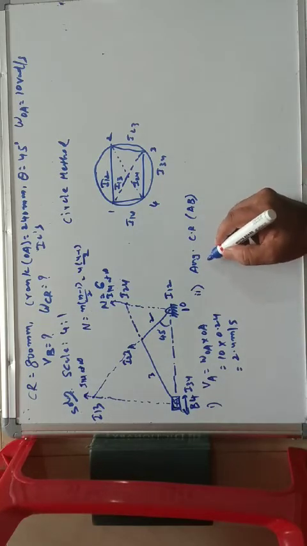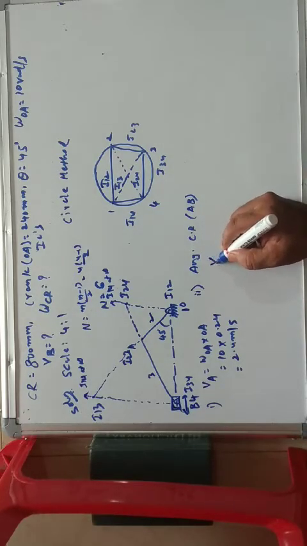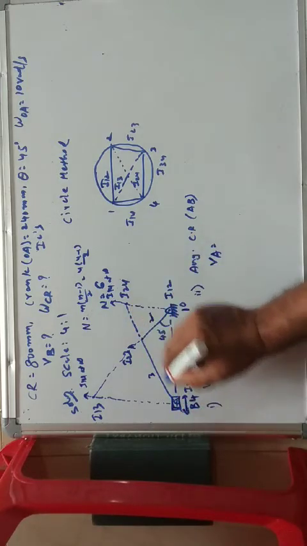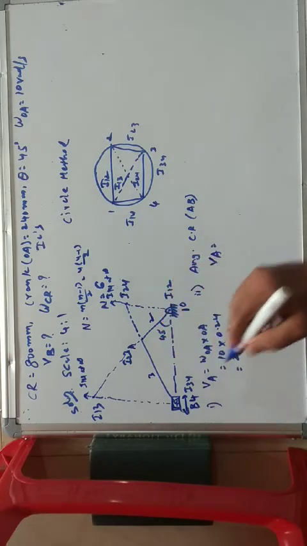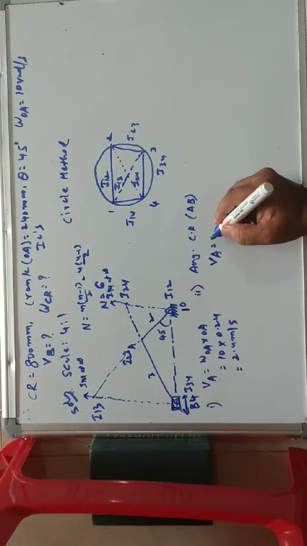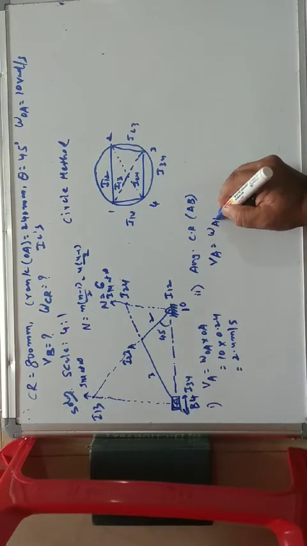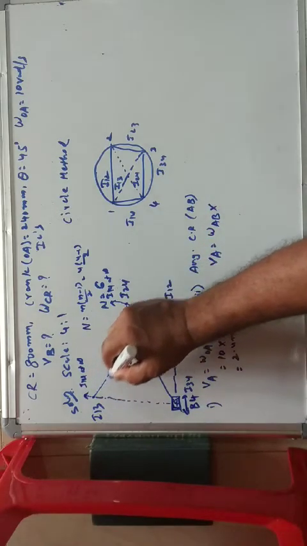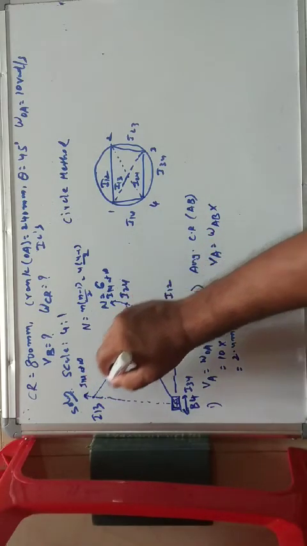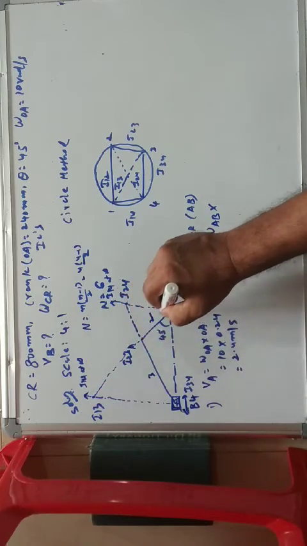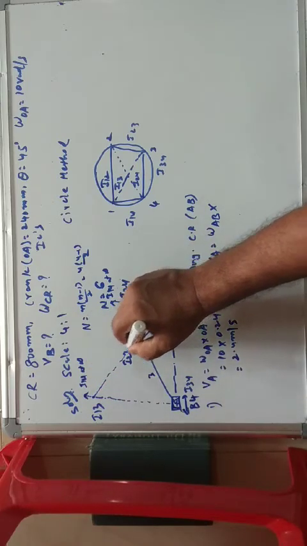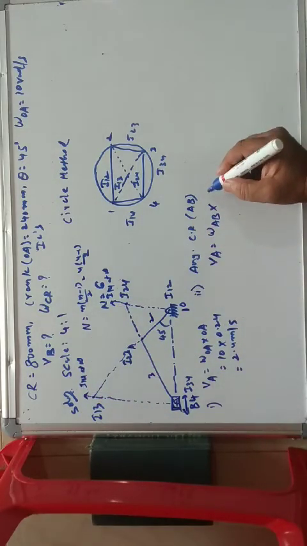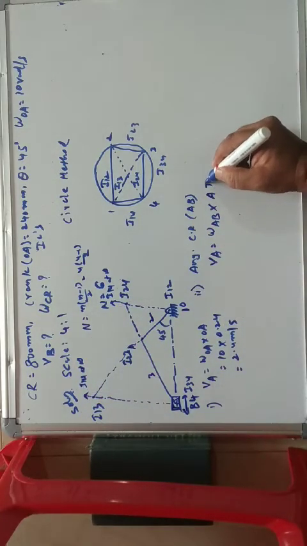When you take the formula, VA is also on the point A, so VA is equal to omega AB into the distance from A, because A we have considered here, to I13, that is the distance AI13.